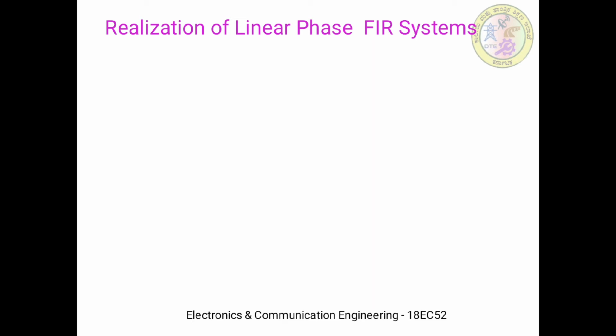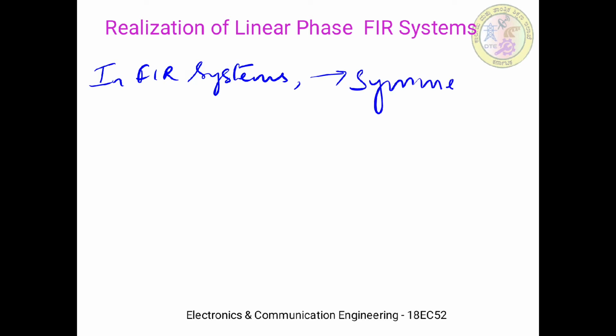In FIR systems, when the system has a linear phase, the unit sample response of the system, h of n, satisfies either a symmetry or an asymmetry condition.